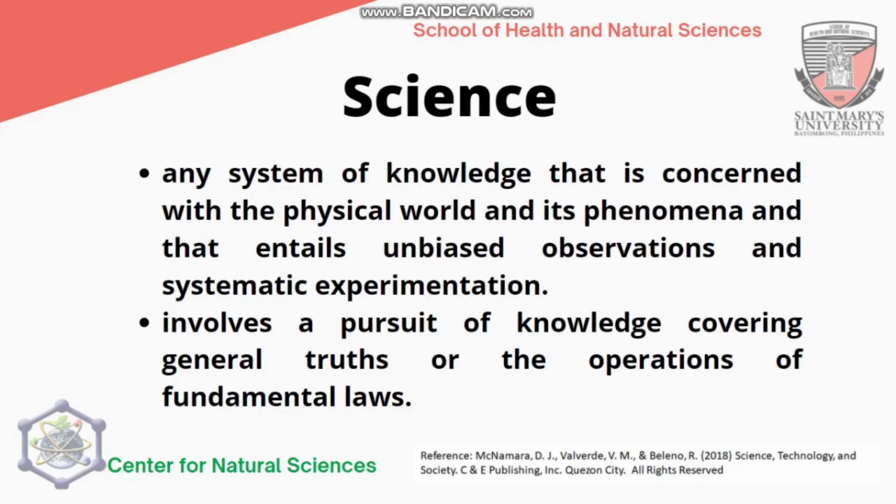And moreover, any system of knowledge that is concerned with physical world and its phenomena and that entails unbiased observations and systematic experimentation. It means that it is evidence-based and it does not jump into conclusion without experimentation. Also, it involves a pursuit of knowledge covering general truths or the operations of fundamental laws that govern our world.